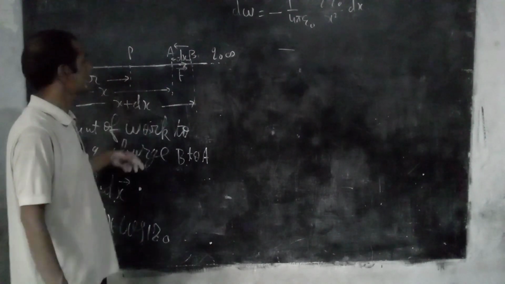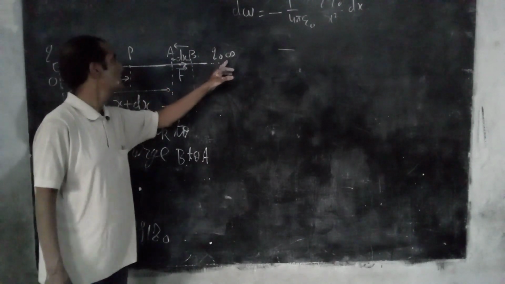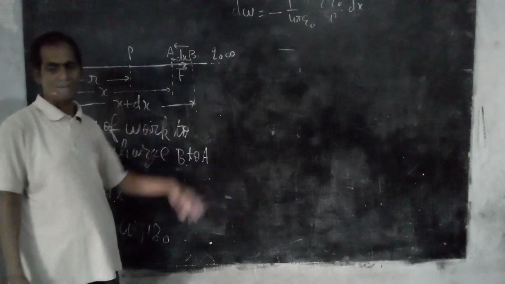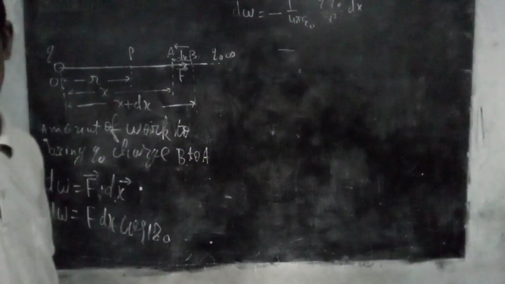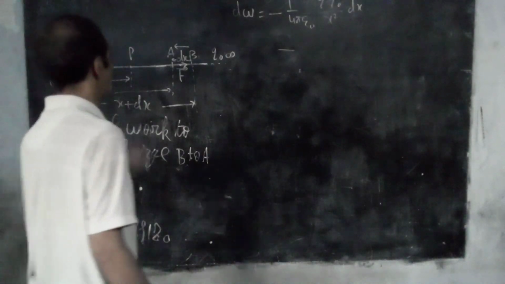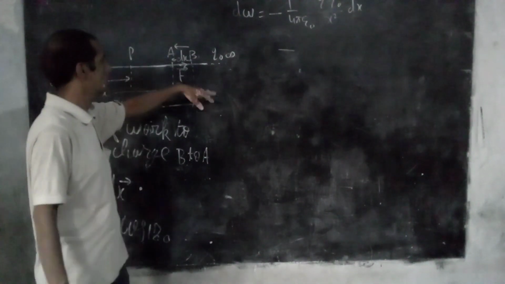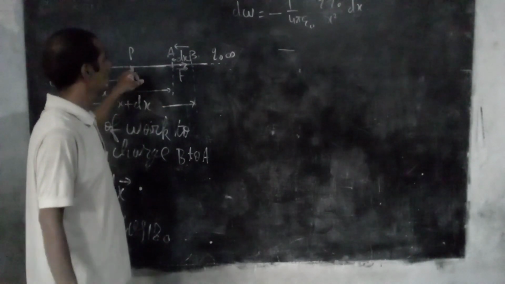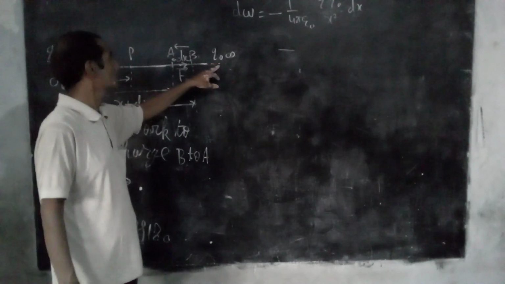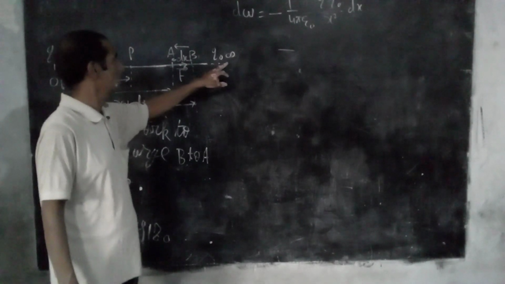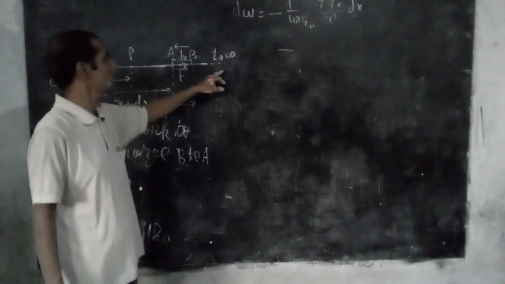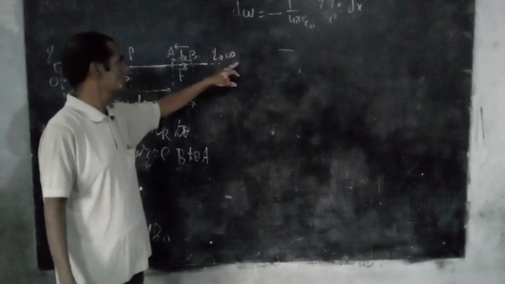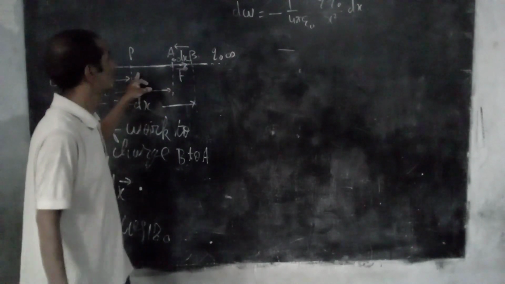So this becomes a continuous addition from infinite to P. Continuous addition in mathematics is known as integration. So to find the net work done in bringing test charge Q0 from infinite to point P, we integrate this work from infinite to P.